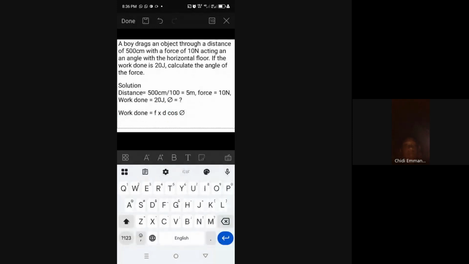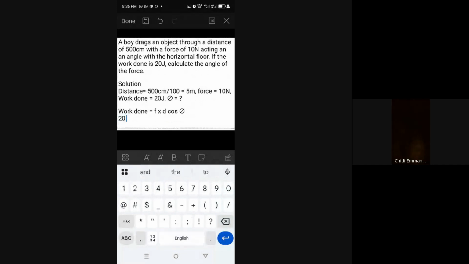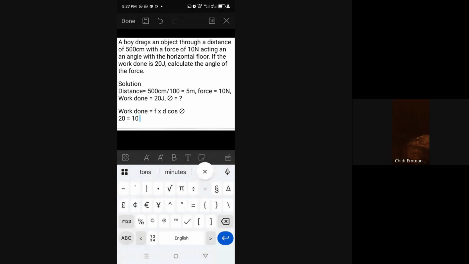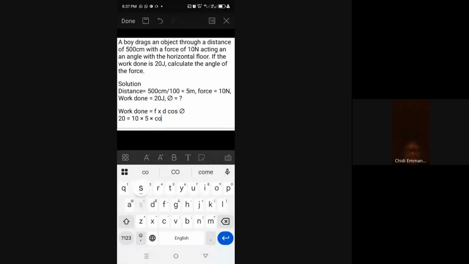Okay, so I have 20 is equal to, yes, everybody should confirm. I hope it's 66 point something. Nobody has something different, right? All right.